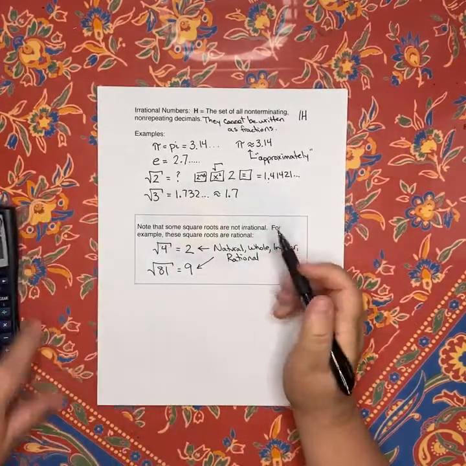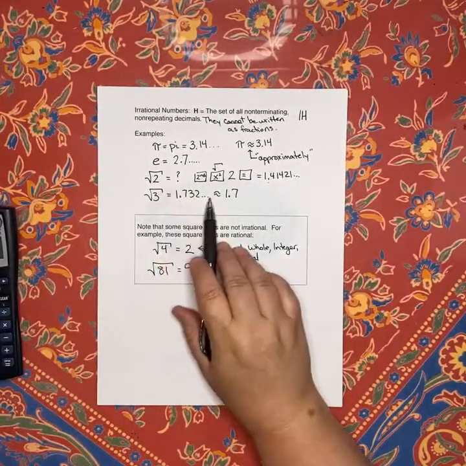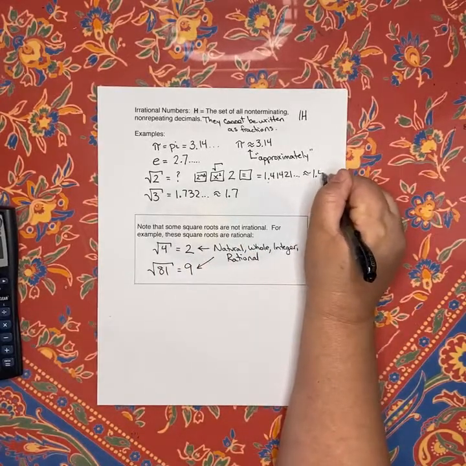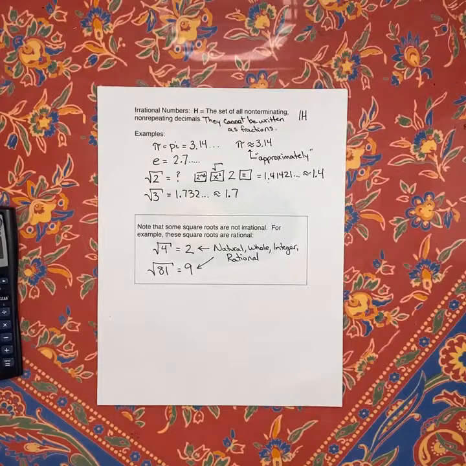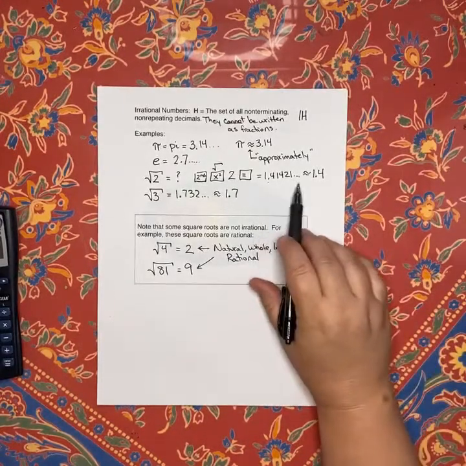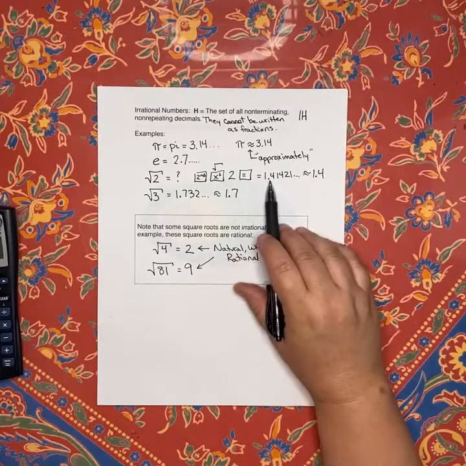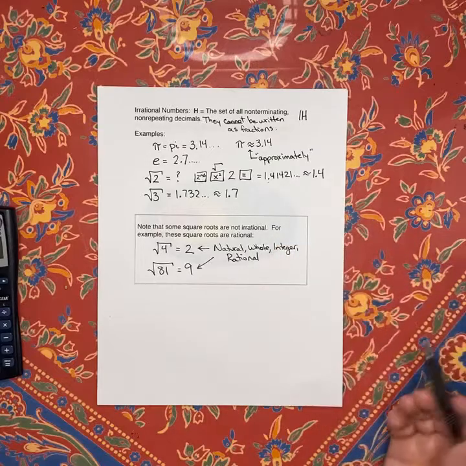So that's how you would write it. I usually write the equals first and then you approximate it. This one I could, again, approximate about 1.4. You'll have to pay attention to the problem. Some problems are going to ask you for more digits. I just did a single digit to the right of the decimal point there, but you could do a lot of digits. It depends on what you need.